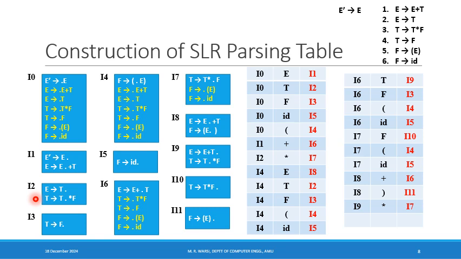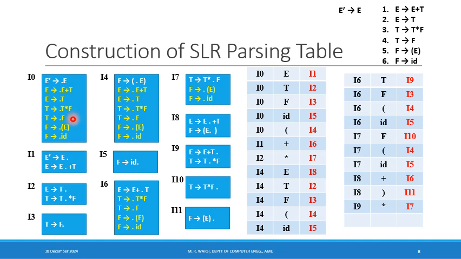Let's consider now the next transition from state number 0. Next transition is on capital F. From state number 0 on capital F, we are going to state number 3. Let's now find out what LR0 item will be in state number 3.